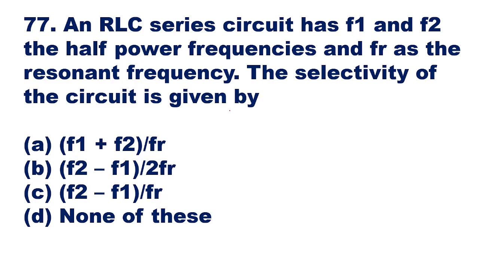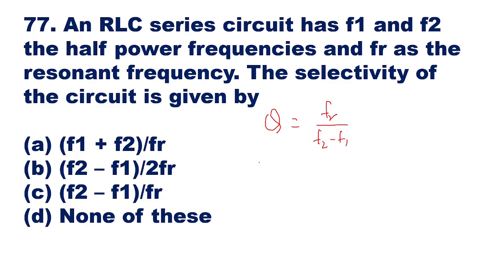An RLC series circuit has F1 and F2 as the half power frequencies and FR as the resonant frequency. Then the selectivity of the circuit is given as what? Now we know that the quality factor is given as the resonant frequency upon the bandwidth, that is F2 minus F1.